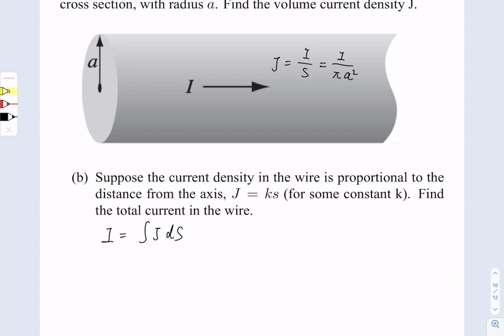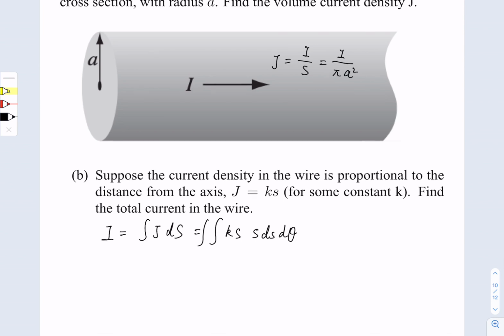So let's say the unit surface is s ds d theta, and here s goes from 0 to a, and theta goes from 0 to 2 pi.